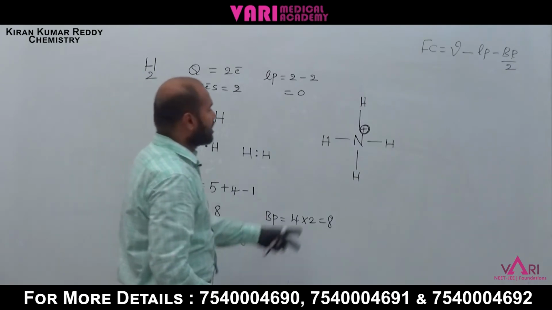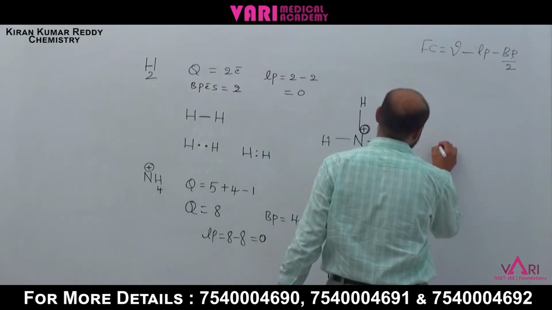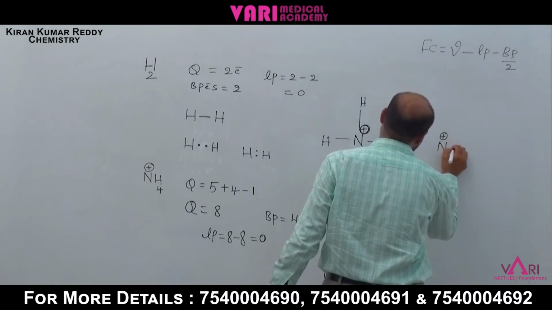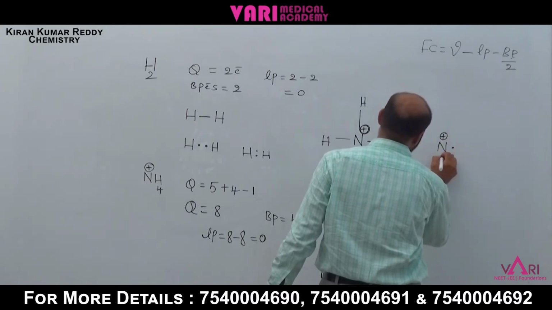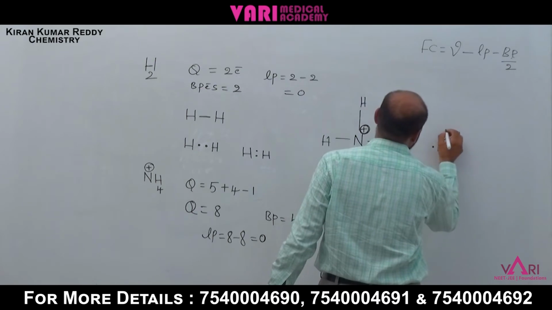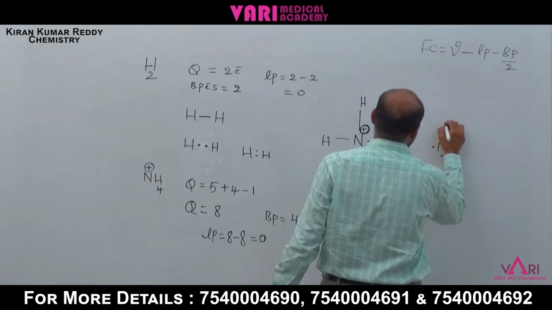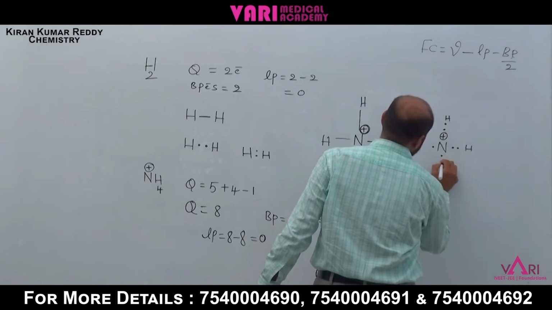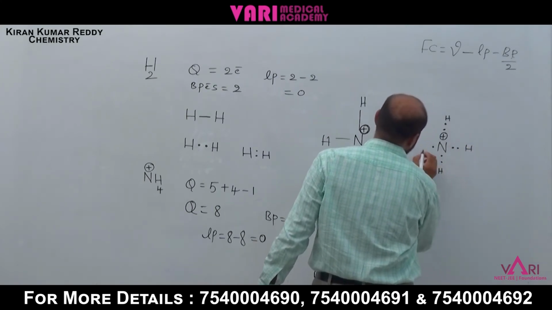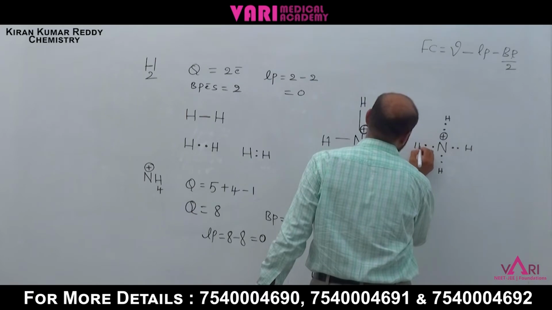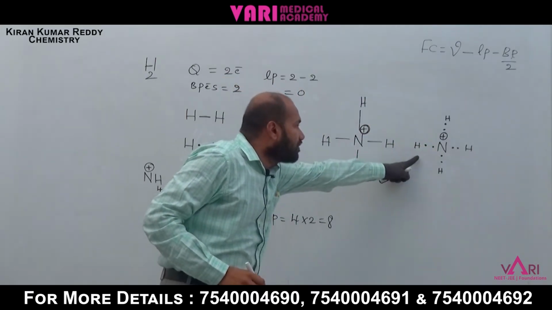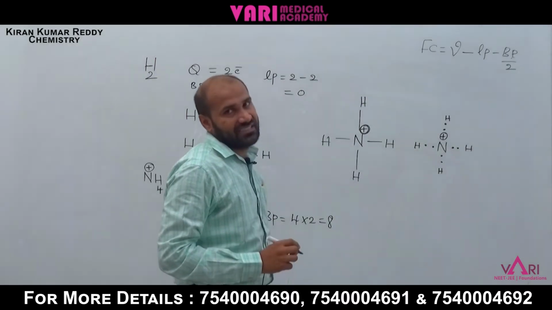Now write the structure, the Lewis dot structure. Nitrogen, here is the plus charge, 1 electron, here is 2, here is 3, here is 4, here is 1 hydrogen, here is 1 hydrogen, here also 1 hydrogen, here is 1 hydrogen. Lewis dot structure of NH4 plus.